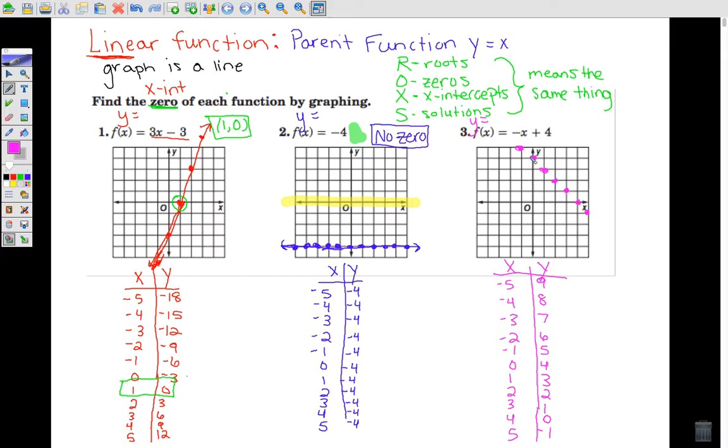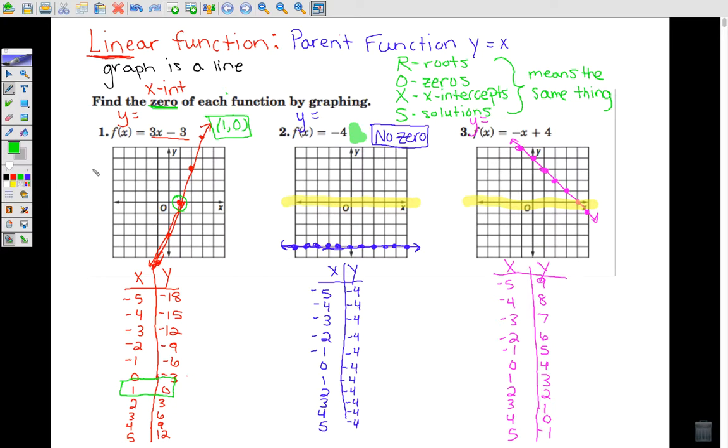Okay, once you have your points plotted, we're going to connect these dots. Draw your arrow so that we know this is a line. Again, I'll go ahead and highlight the x-axis. This might help some of y'all see this. So here's your x-axis. And you're looking for the point that crosses the x-axis.